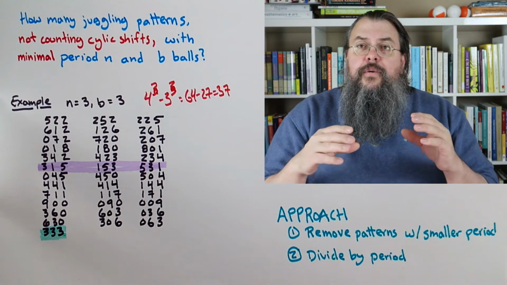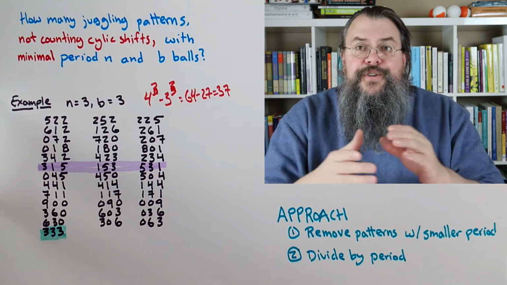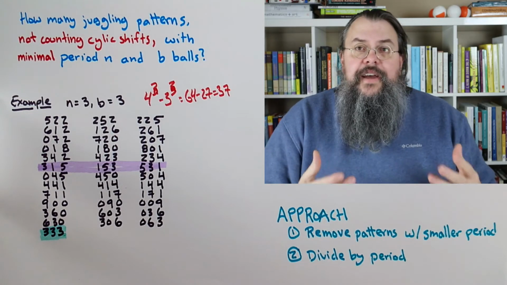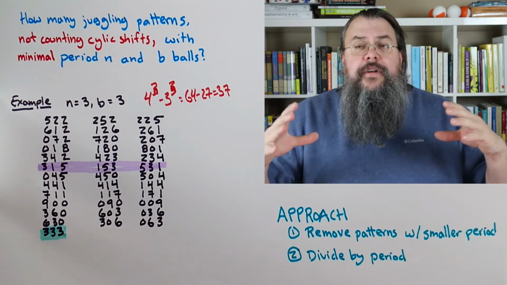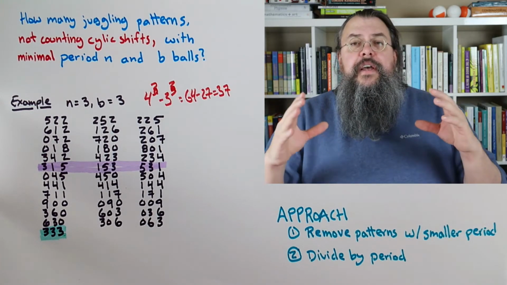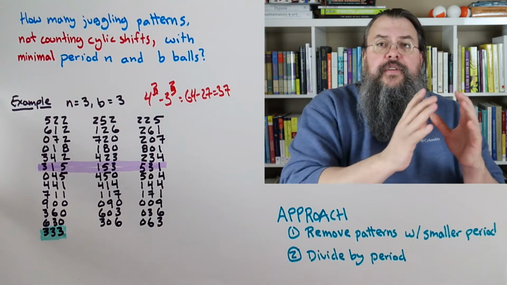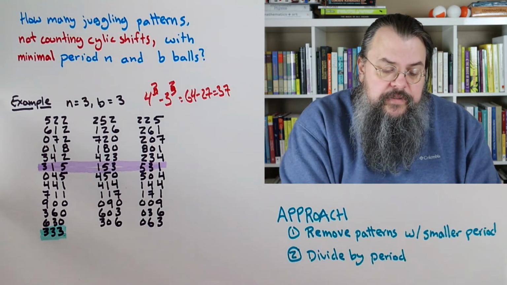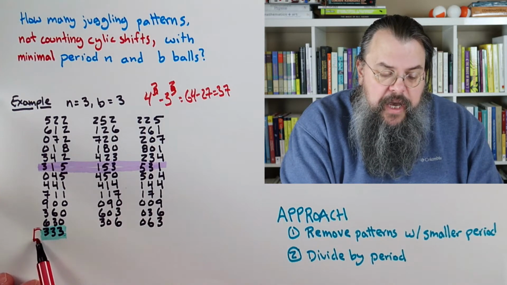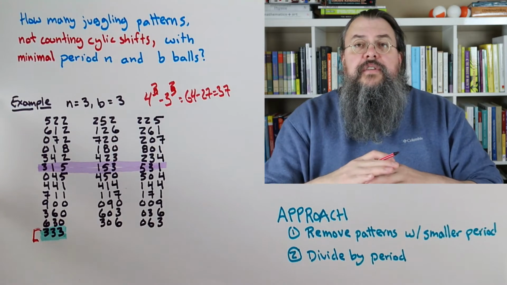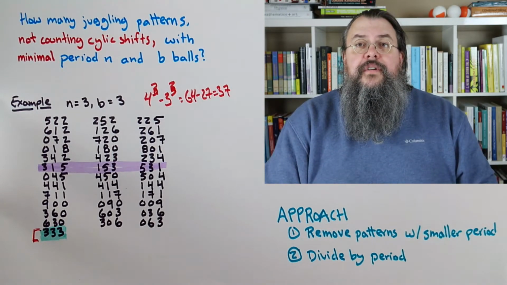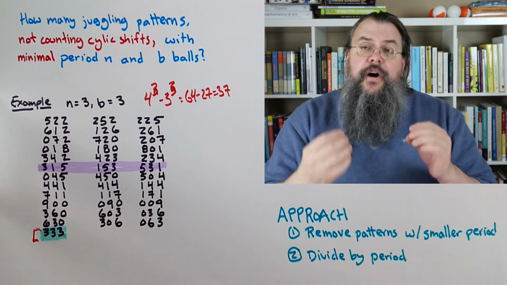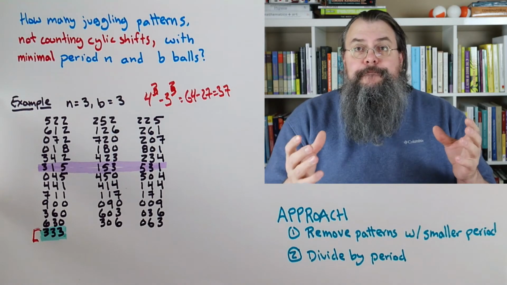Okay, so what's going to be our approach? Well, what we could do is identify the patterns that really have a shorter period. In other words, a pattern which is repeated several times in the same period. Once we've identified these suspect patterns, we'll just take them out of our pool, so that all the patterns that remain really have the smallest possible period as n.